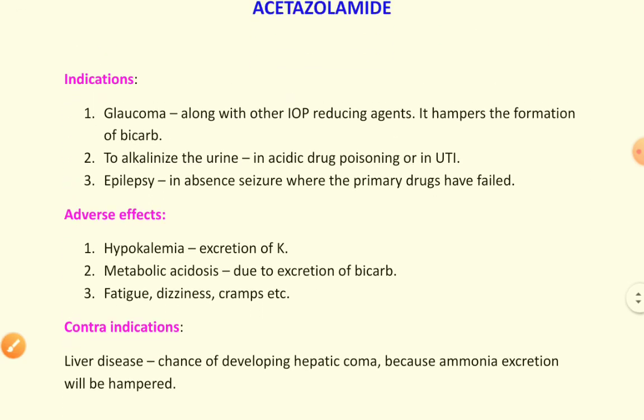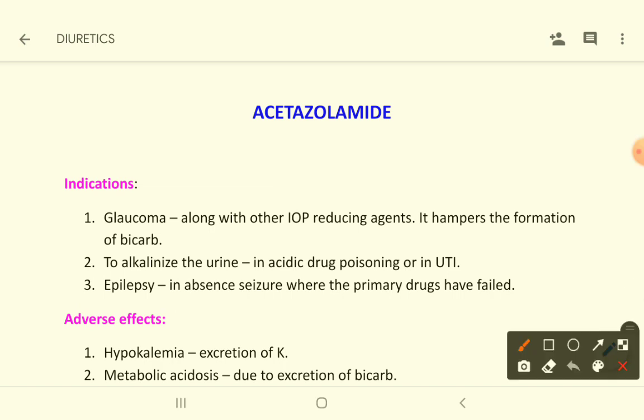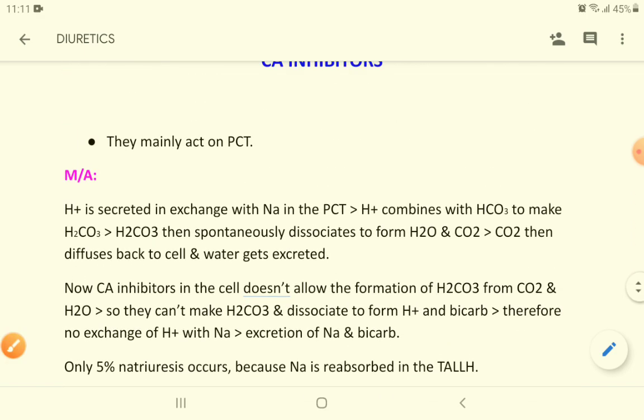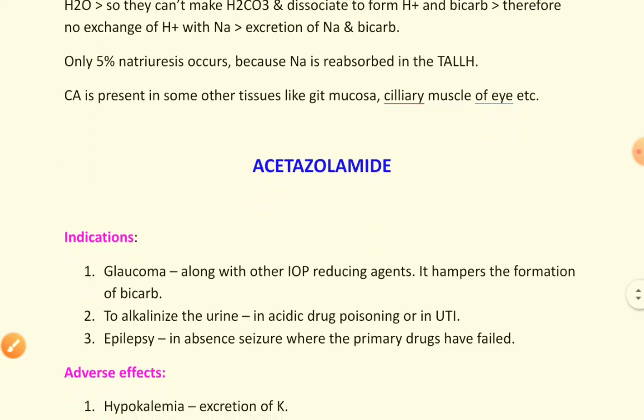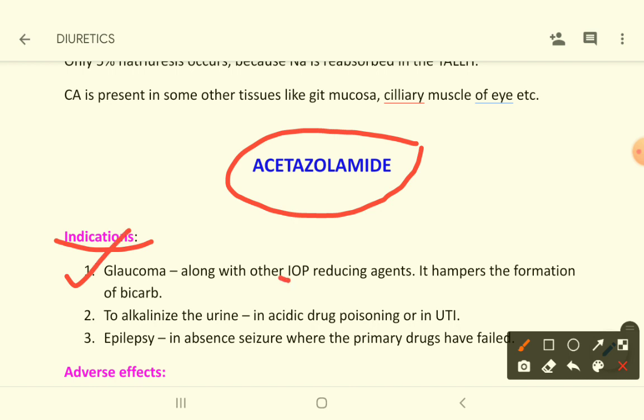Now let's come to acetazolamide. Sorry, this is a carbonic anhydrase inhibitor. So indications are glaucoma along with other intraocular pressure reducing agents. It hampers the formation of bicarb.